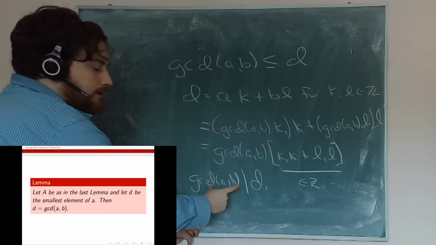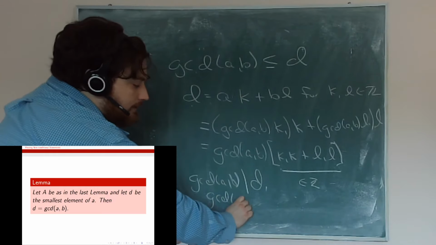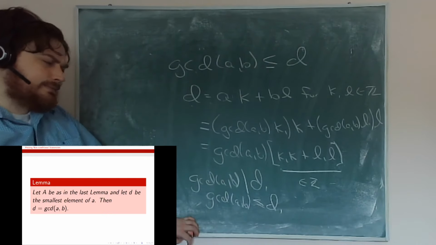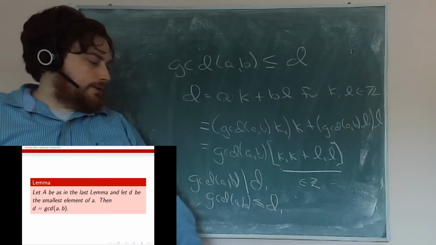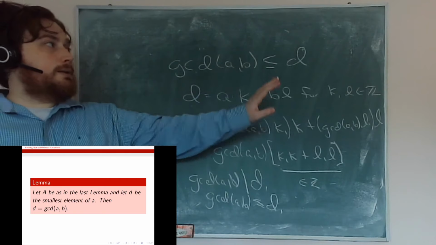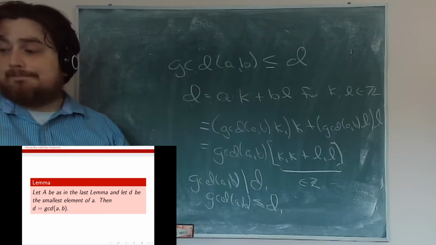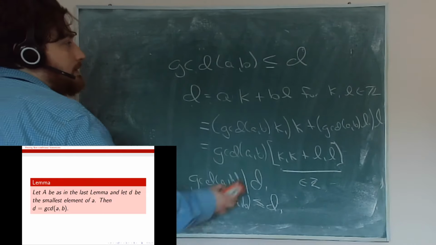So if these are both positive and this divides this, that implies that the greatest common divisor of A and B is less than or equal to D. So by showing this divides this, we get this is less than or equal to this. So we do get that the greatest common divisor of A and B has to be less than or equal to D. Half done. Other direction.